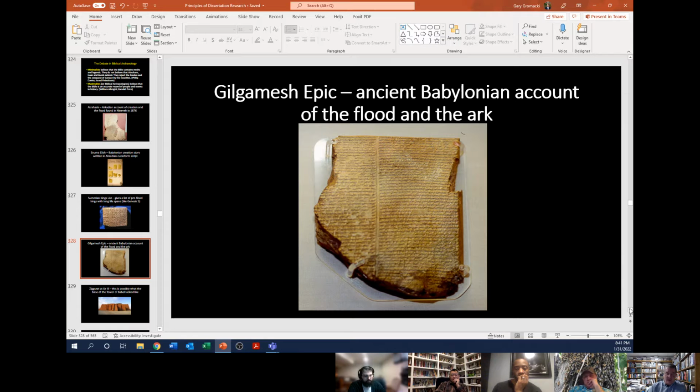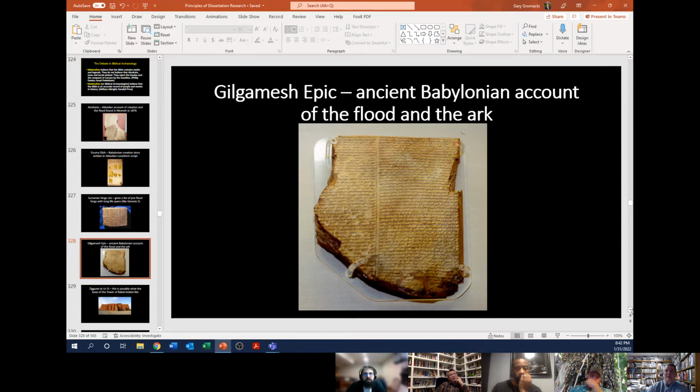In the story, the god Ea warns Utnapishtim about a great flood. He's told to build a boat, but the boat has different dimensions from the boat that we find in Genesis. And the storm, rather than being 40 days and 40 nights, lasts 6 days and 6 nights. All right, so it's interesting to compare and contrast the Gilgamesh epic with the Genesis flood.